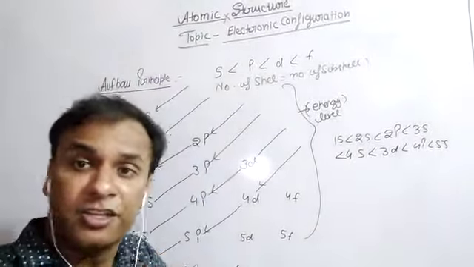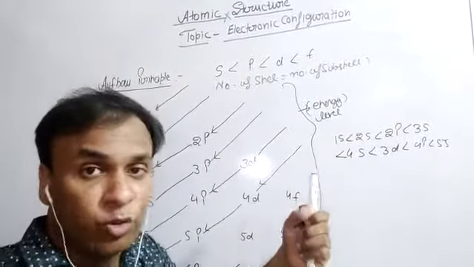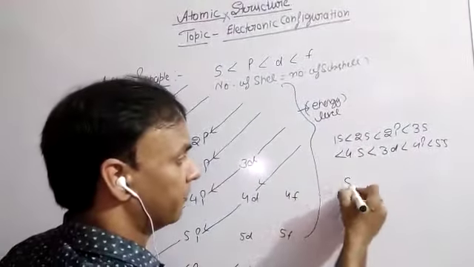This is the energy level diagram of electronic configuration.